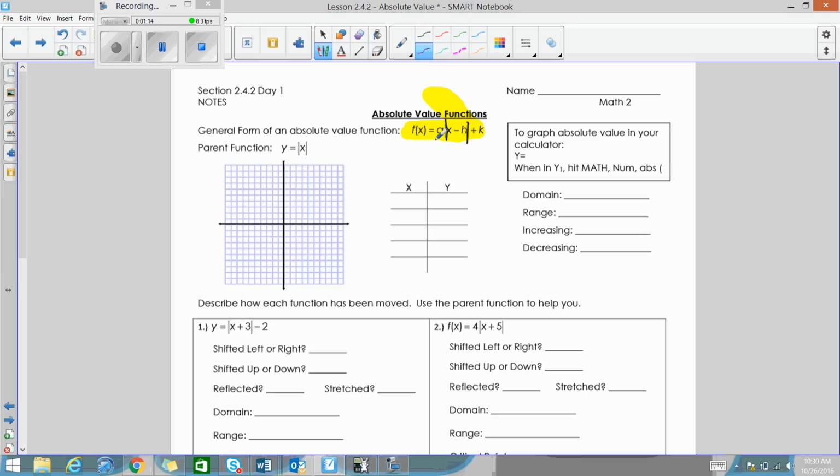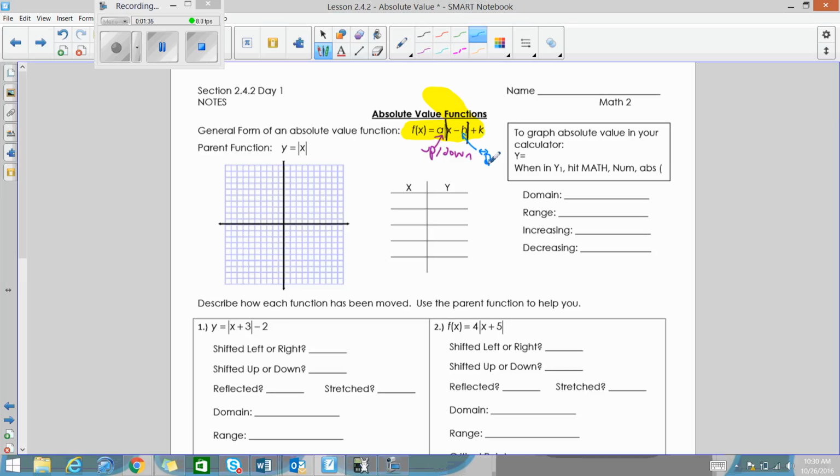Now, your a value right here tells you if it opens up or down, and also, as we worked with, stretches it. Your h value moves left or right, but it's the opposite.